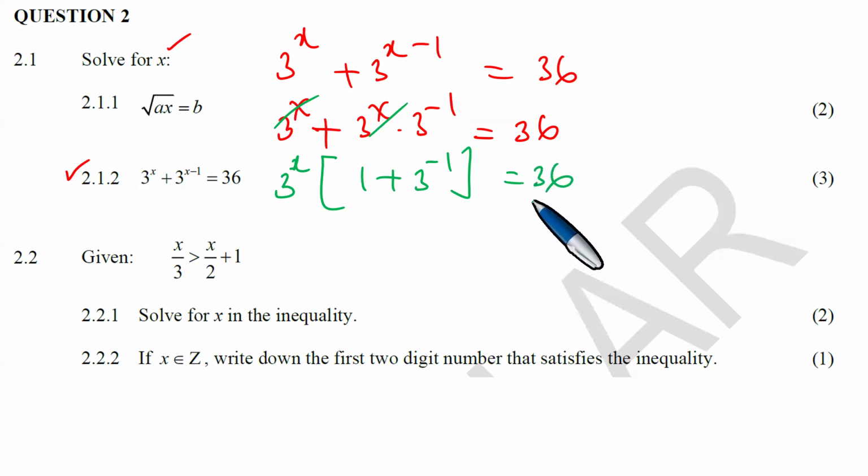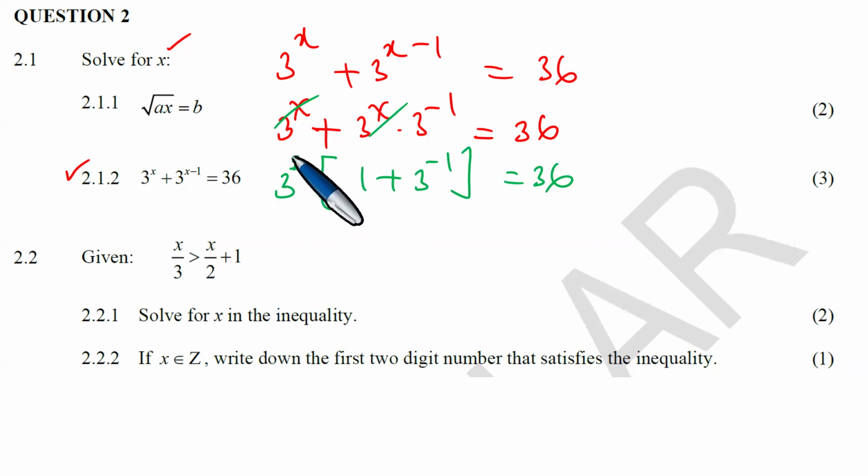Next, what do we do? Multiply. 3 to the power of x times 1 is 3 to the power of x.